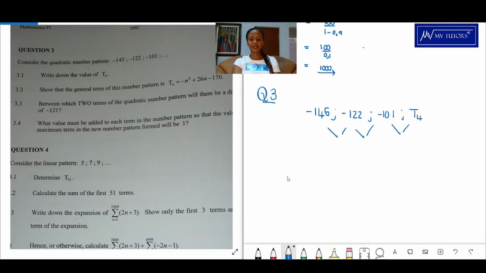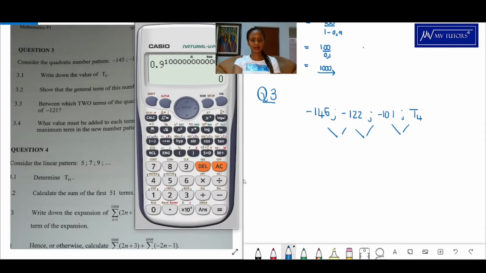We have a first difference here, and if we take -122, I'm definitely using the calculator because I'm not trying to be very smart in the exam lest I make silly mistakes. So -122 minus -145, that's pretty much 23.